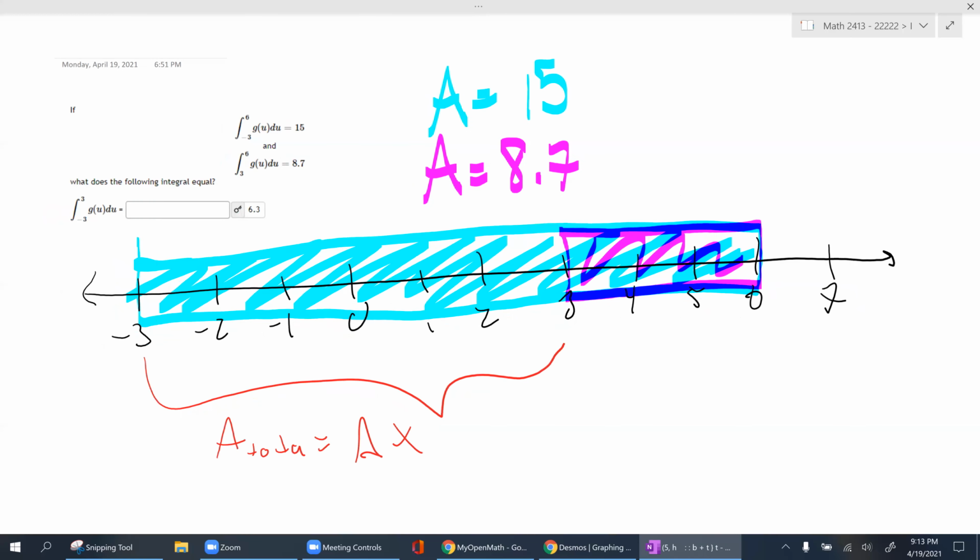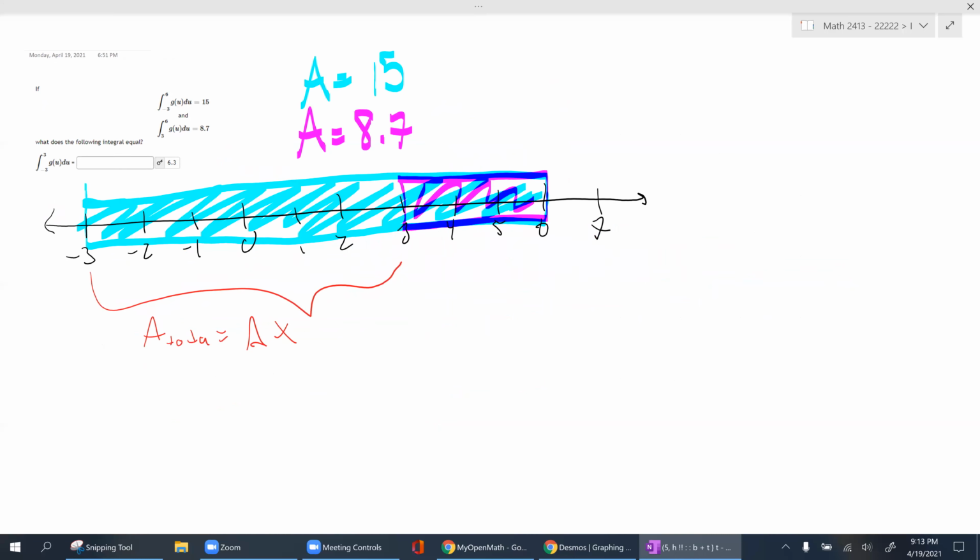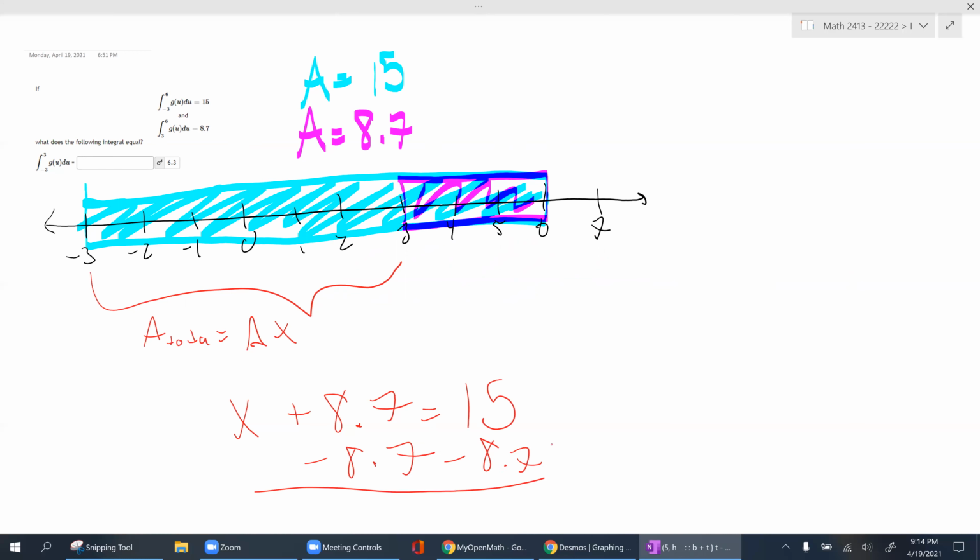Mathematically, this left piece added to the right piece should equal the area of the entire piece, meaning you would solve for x. And what does that give me? I end up getting 63/10, which is 6.3.